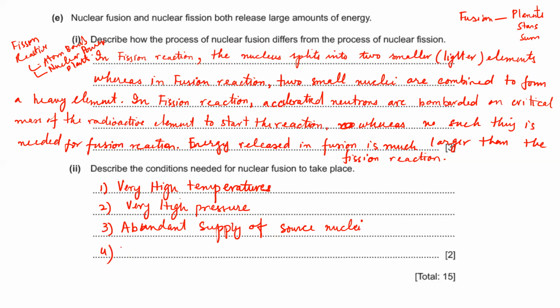And very high speed of particles under this high temperature and pressure. So very high temperature, extremely high pressure, abundant supply of atoms, and very high speed of particles that we need to combine.